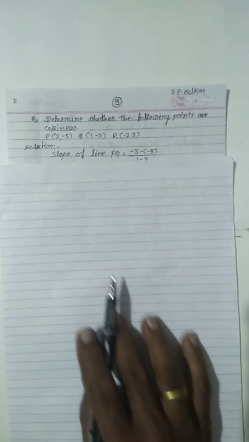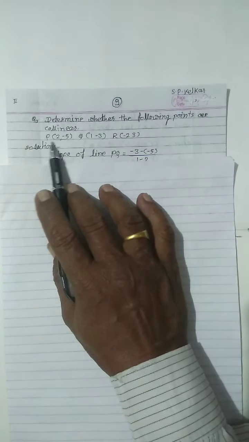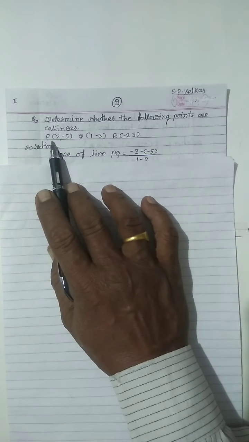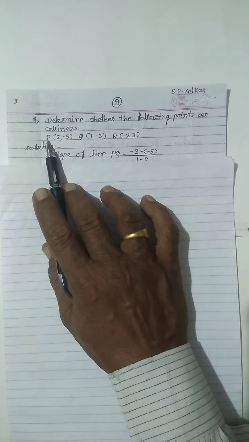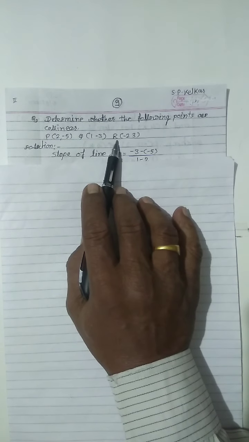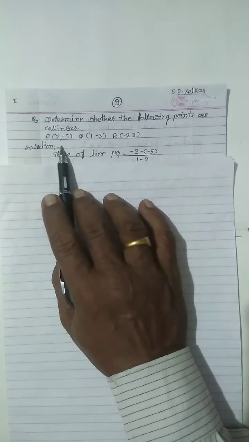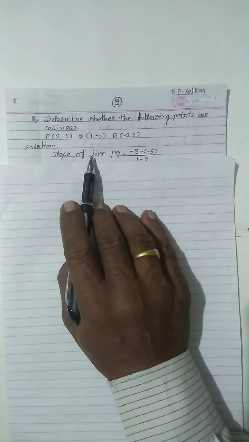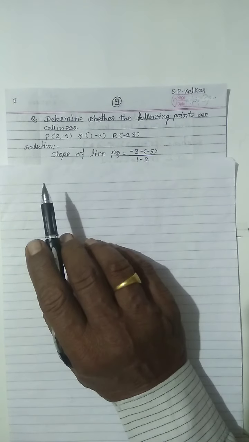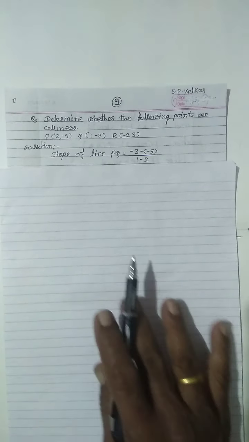Now in the solution, to see whether these three points are collinear or not, we must find the slope of PQ and also the slope of QR. If the slopes of these two segments are the same, then we say that the points are collinear. If the slopes are not the same, then the points are not collinear.